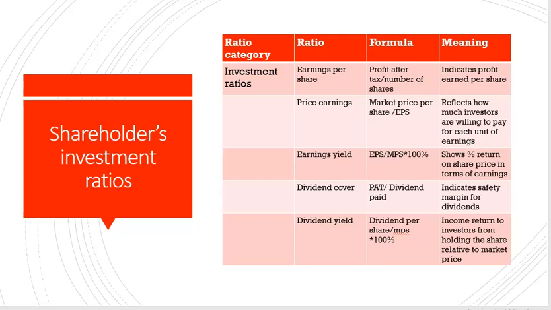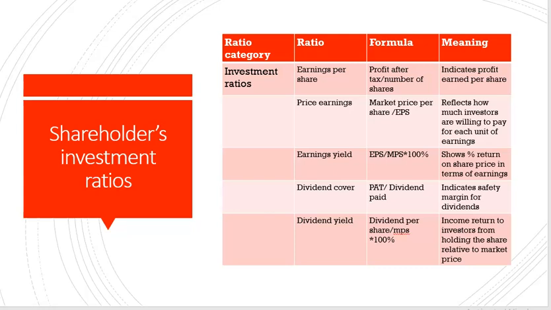This ratio reflects how much investors are willing to pay for each unit of earnings. It actually means, if the price of our share is 10 kwacha, are investors willing to buy the shares at 10 kwacha, for instance? That's what the price earnings ratio looks at.